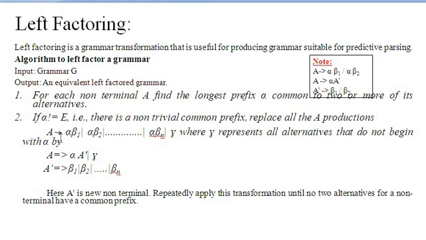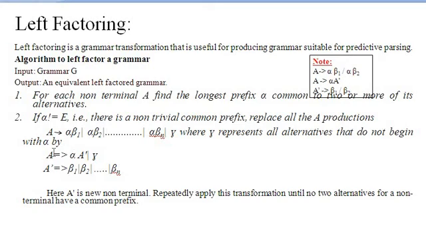It means if in the productions of any non-terminal you have a common prefix, then you can convert it in this manner, like A gives alpha beta 1 or alpha beta 2 up to alpha beta n or gamma. So here the common prefix of these productions will be alpha.